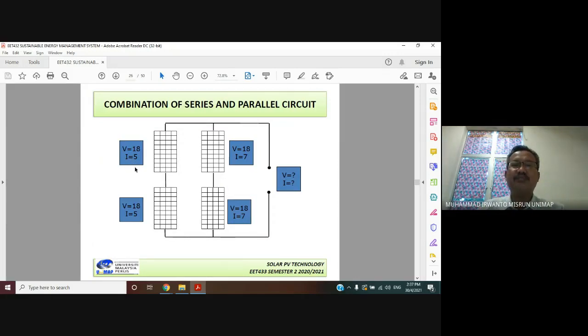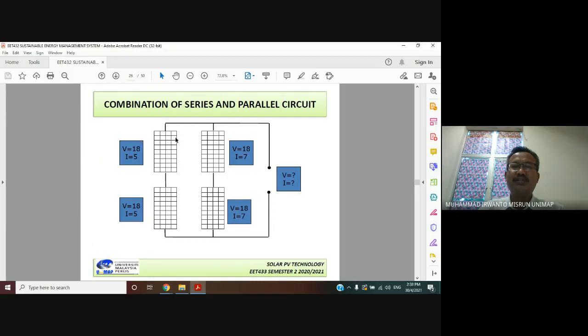We can see like this one. If we have different PV modules for one string and the other string. The first string has voltage 18 but current 5. And this one has voltage 18 and current 7 amperes. How about the total voltage?